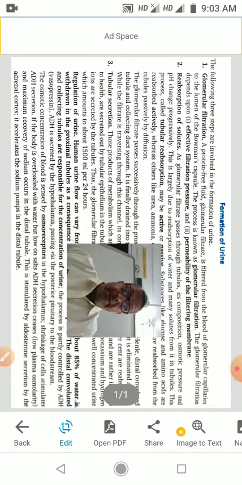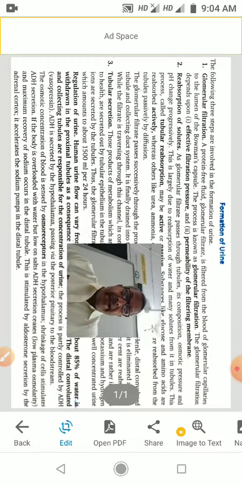The glomerular filtration depends on effective filtration pressure and permeability of the filtering membrane. The filtration is favored by capillary hydrostatic pressure.